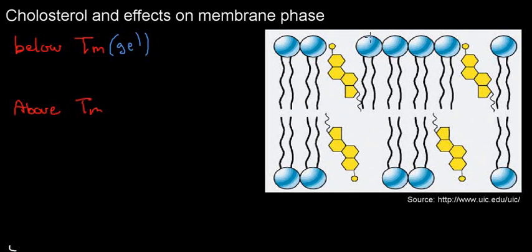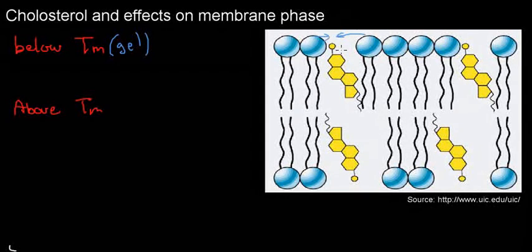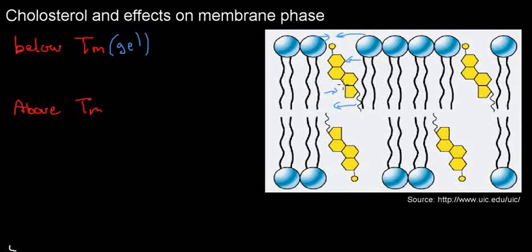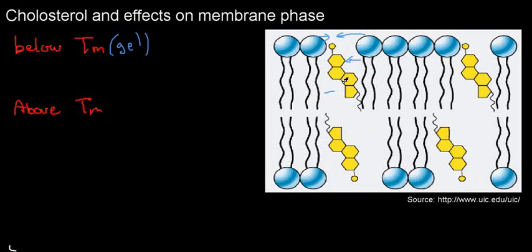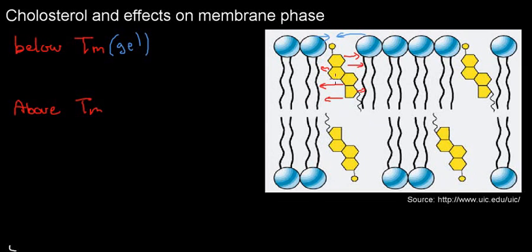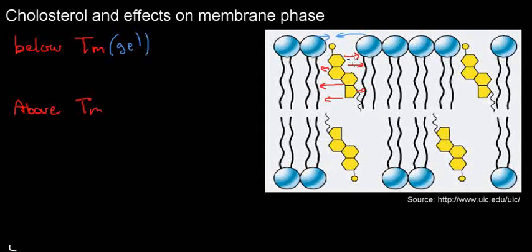Below the transition temperature, I know these guys are packed very closely together. We're in a gel state. These guys are going to be very, very closely packed. This cholesterol in between them is going to spread out and say, hey, no more. Get away from me. You're getting too tight. I need some air. I need some distance. So below the transition temperature, what is the cholesterol going to do to the fluidity?